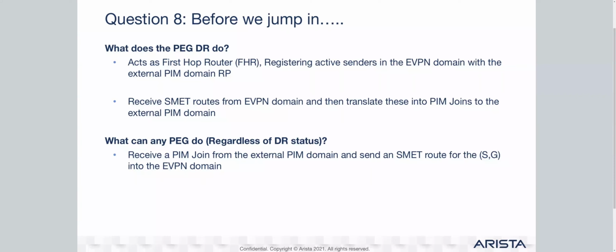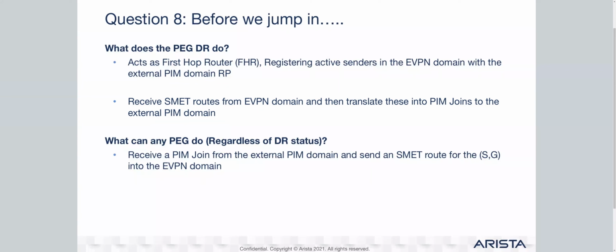It is also going to receive the SMET routes from the EVPN domain and then ultimately originate PIM joins to the external PIM domain based off of the groups that are listed in those SMET routes. So it's going to originate the PIM joins out into the external PIM domain, which eventually should make their way up to the RP if it's like an ASM join.